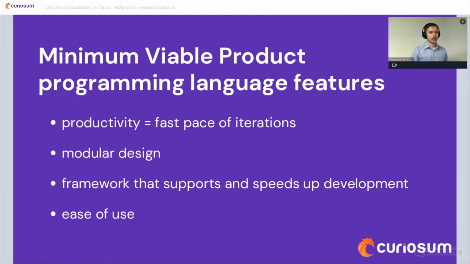Second of all, modular design, because if we design our software in a modular way, and one of these modules is not really used or good enough for the users to pay for it, we can delete the whole module because we don't actually need it.